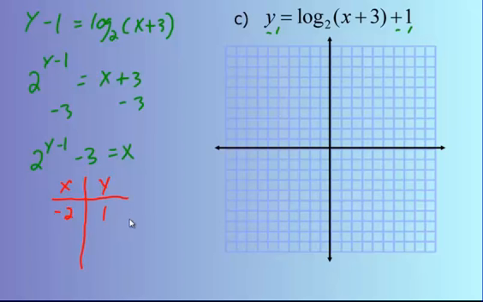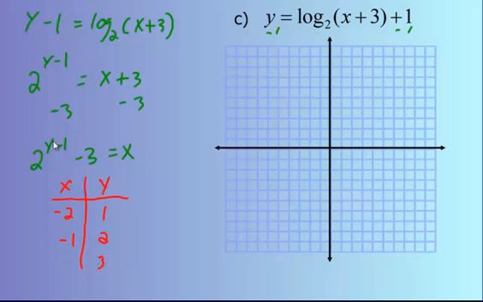Bam. Okay, then I would substitute in 2. So 2 minus 1 is 1, so 2 to the first power is 2, minus 3, so that'd give me -1. And I could substitute in 3.